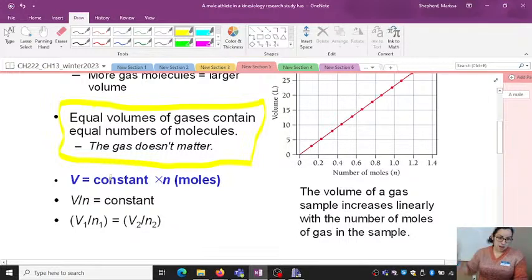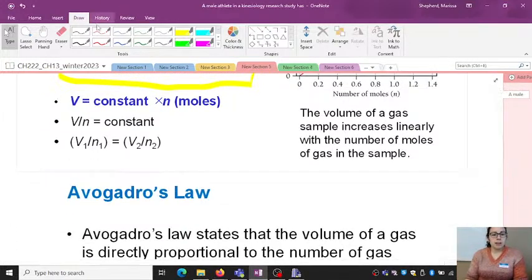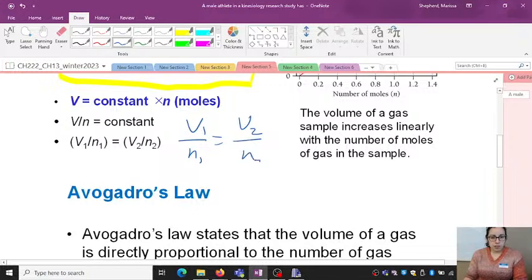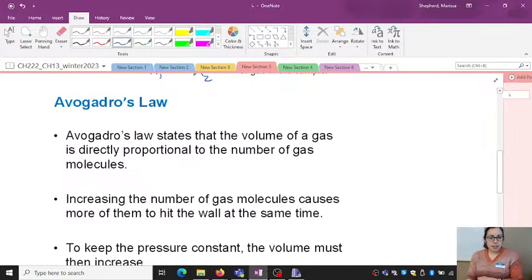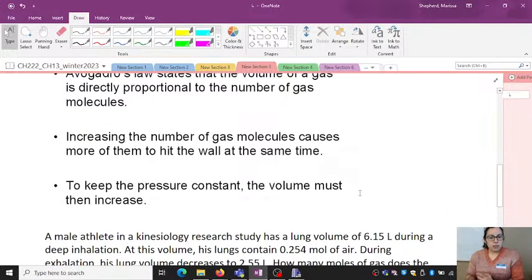And so this means we have a relationship here: V1 over N1 equals V2 over N2. All that is saying is that the volume of gas is directly proportional to the number of gas molecules. Of course, if we increase the number of gas molecules, we're having more collisions, so if the pressure is being kept constant, then the volume has to increase.